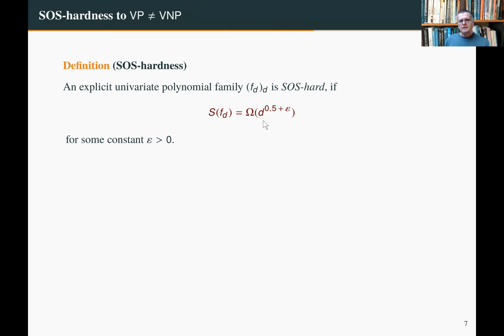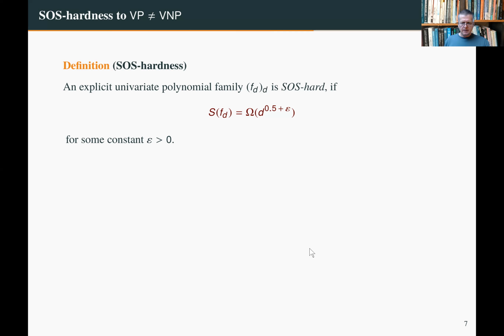Recall that square root of d was the lower bound. So that means we are just an epsilon away from the lower bound. In this sense, this is a very mild hardness definition.